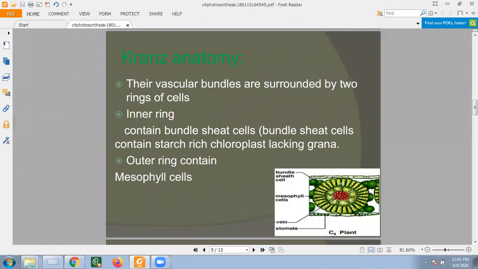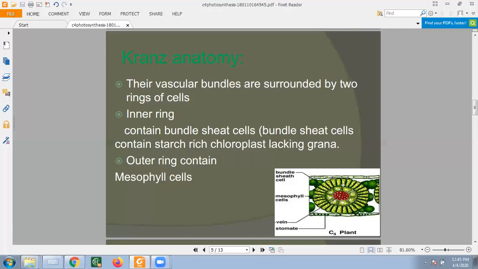In this structure the chloroplasts are dimorphic in nature, which is a very important feature. Dimorphic chloroplasts are rarely found in other anatomy. Dimorphic means two types of chloroplasts are found in Kranz anatomy.